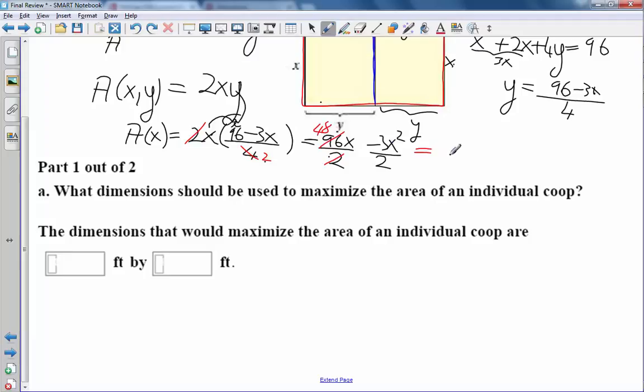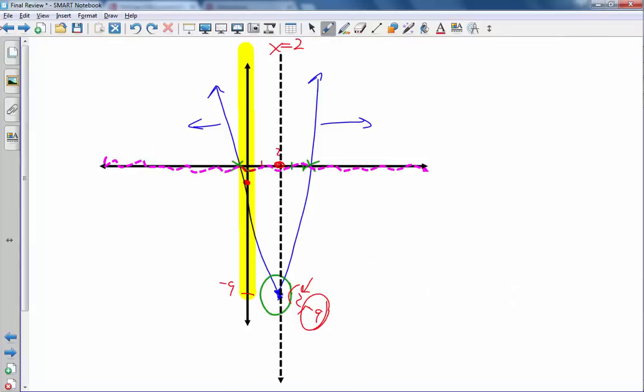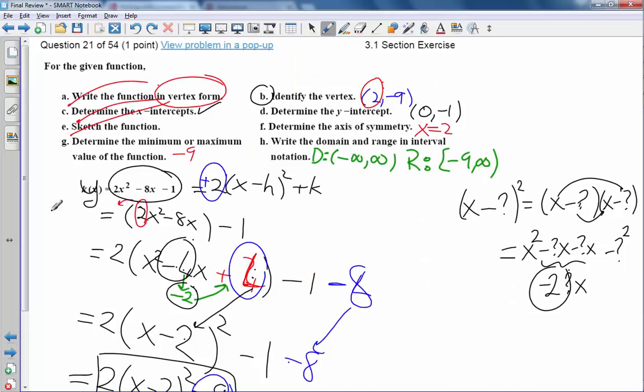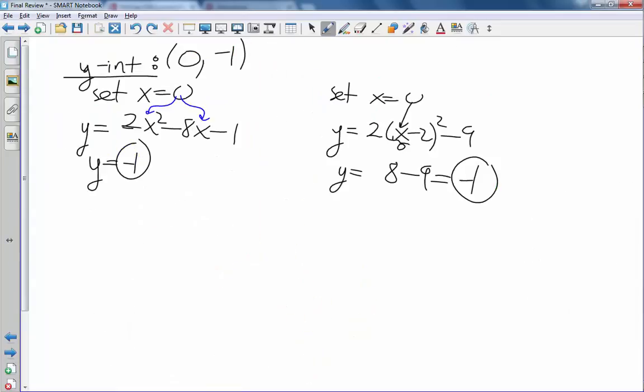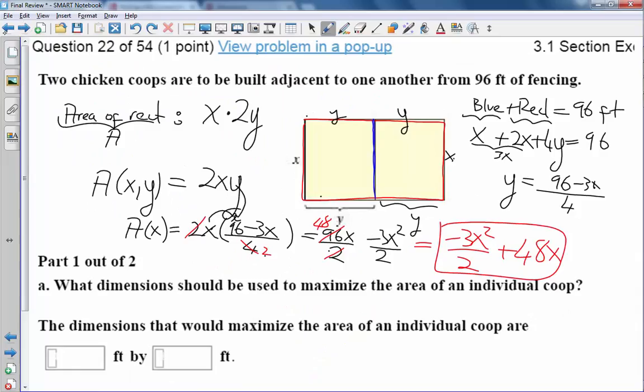Can I flip this and say minus 3x squared over 2 plus 48x? There you go. There's still an x. You have just built your quadratic equation, which was given to you in the previous question. Now you have found your own quadratic equation.